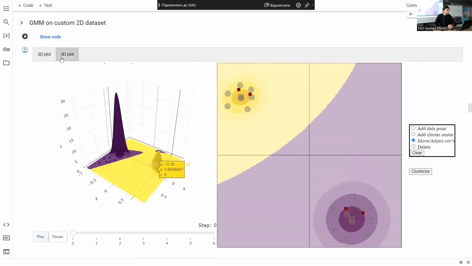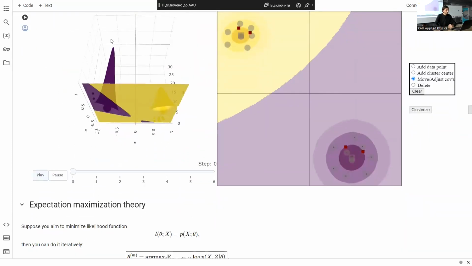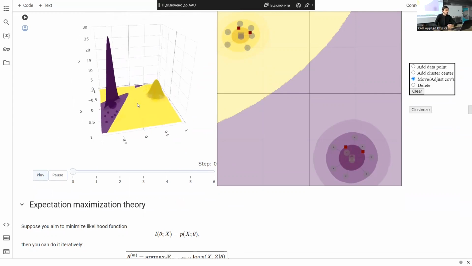But of course, the most interesting thing for us is that we have the parameters of these distributions, and if we ever need, we can generate some additional points for us. So if we ever want to have a bigger data set, we can generate some points using these distributions.